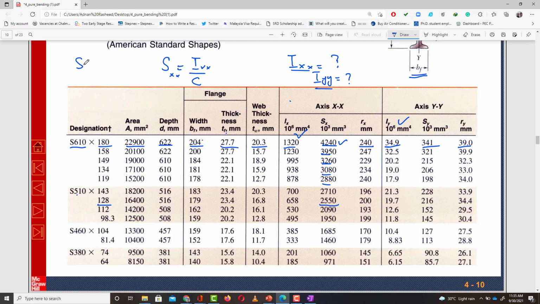If you are going to find Sy, it will be Iyy over c. Again, this can be cleared up if you watch that problem carefully, because in that problem you were asked to find the moment about the x-axis or y-axis, or the stress about the x-axis or y-axis. Clear? Okay.